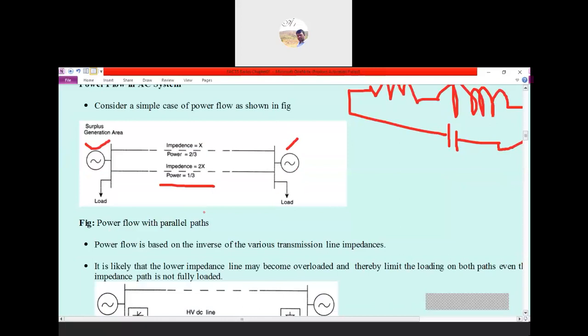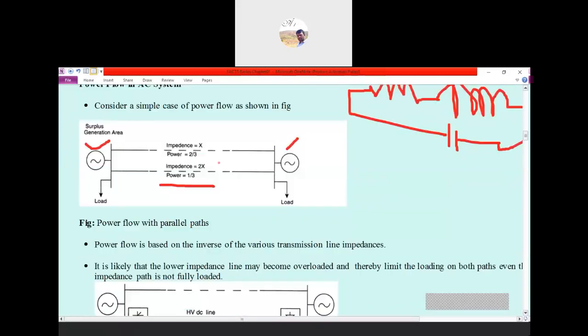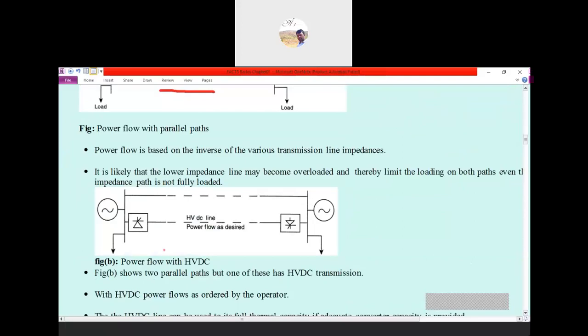Okay, so here is the load. The power is not fully delivered to the load.